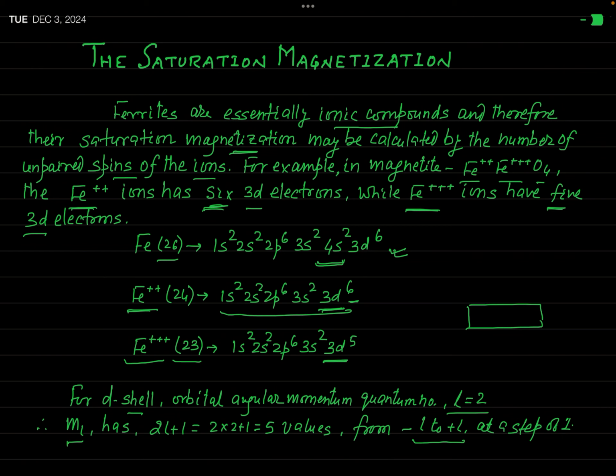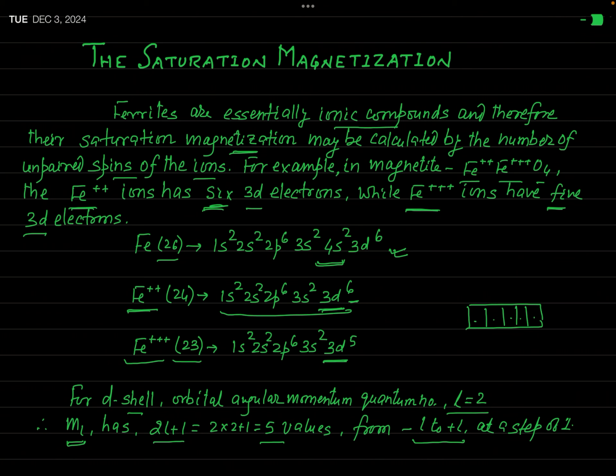So what is the total number of mₗ values for l equal to 2? That will be 2l plus 1, which is 2 times 2 plus 1, equal to 5. So mₗ has 5 values, and therefore you can divide the d subshell into 5 boxes: 1, 2, 3, 4 and 5.